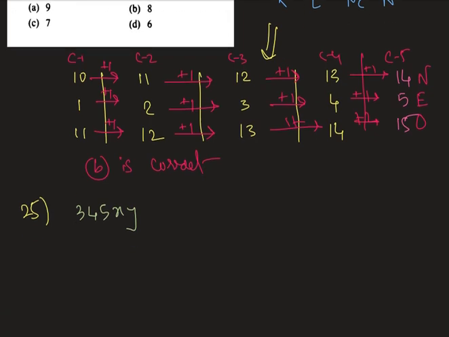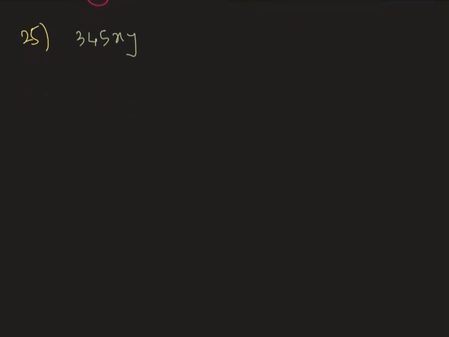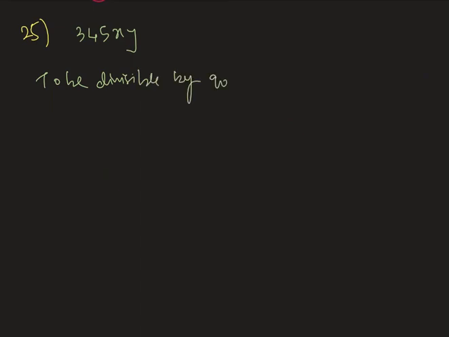Now we know that to be divisible by 90, the number must be divisible by 9 and 10.